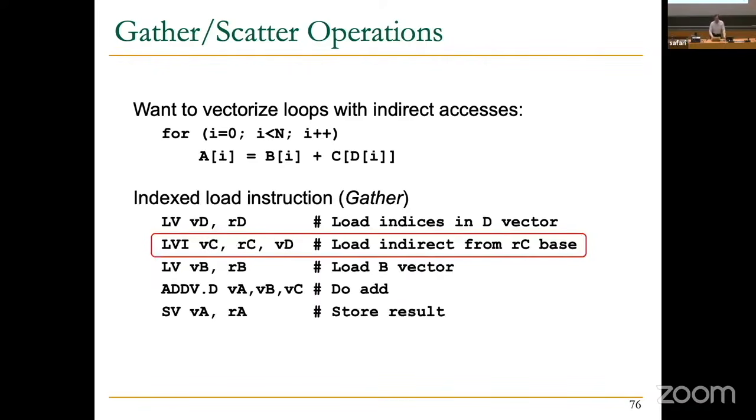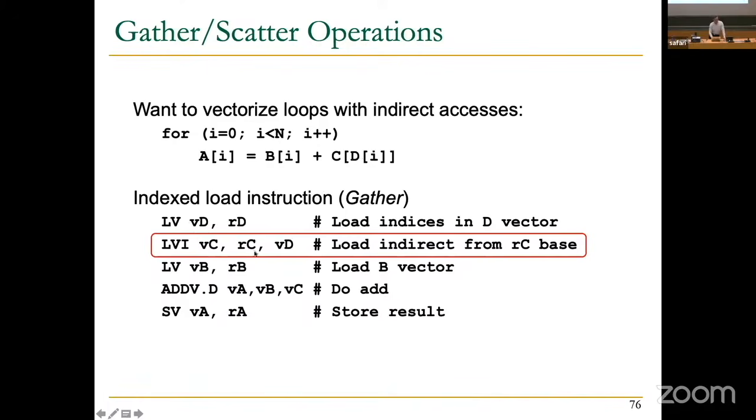So basically, we're going to introduce this index load instruction. What we will do is, so D vector, we load the indices into this D vector. And then we do a load indirect from RC base.